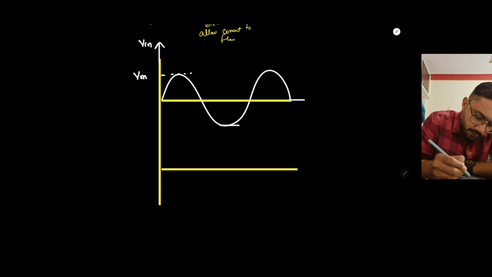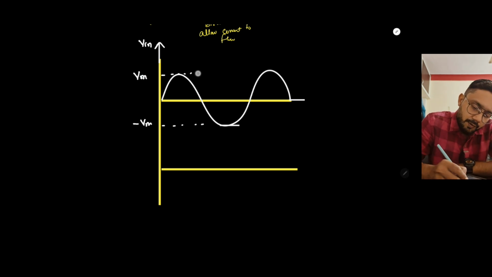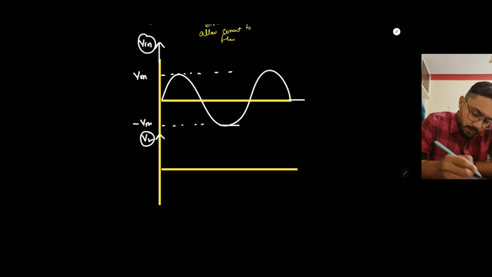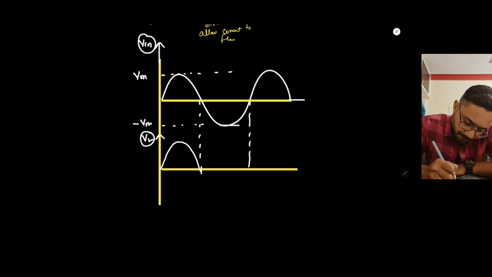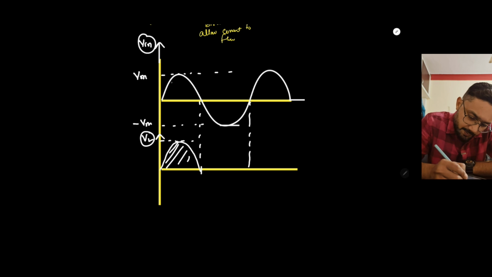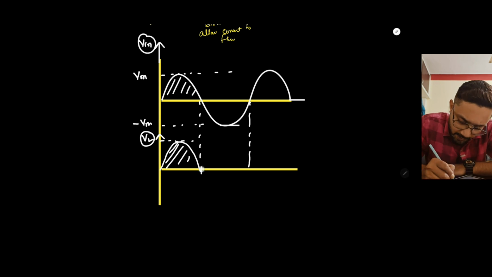How will the voltage across the load, or the output of the rectifier, look? Within the positive cycle, no problem, it will be exactly the same as the input, but during the negative cycle it will be 0.